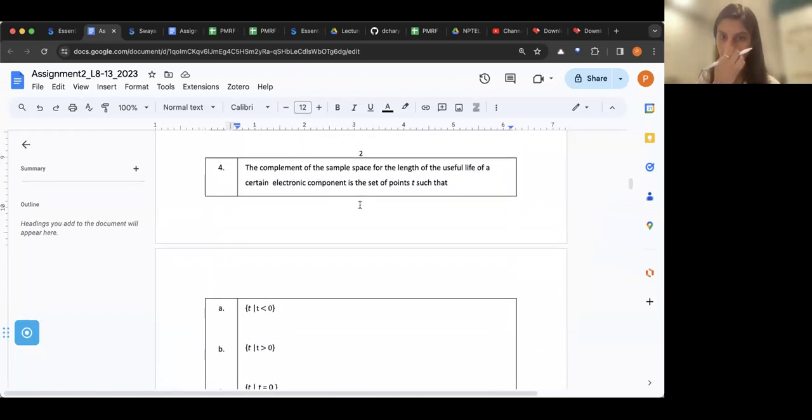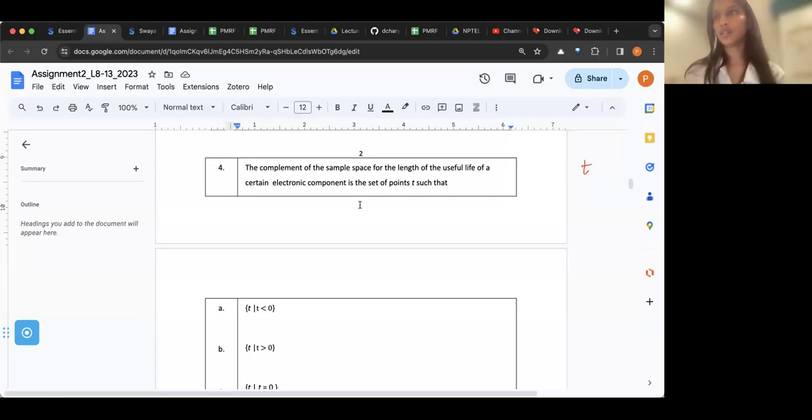The next question is, the complement of the sample space for the length of the useful life of a certain electronic component is a set of points T such that... So you have to define this sample space mathematically. Let's first understand the question. You can purchase an electronic component.